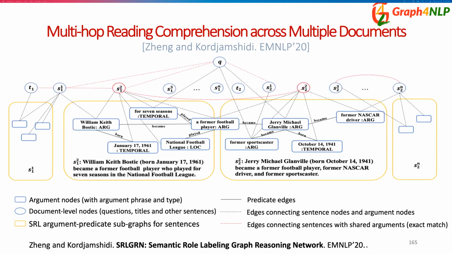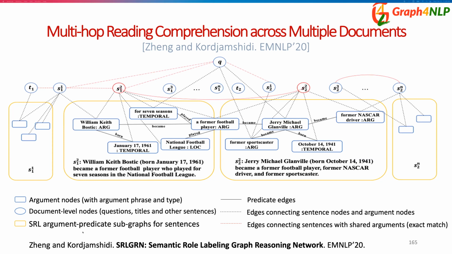Let me show you an example here. You can see this is how a heterogeneous SRL graph is constructed. We can see there's the argument node, right? We also have a document-level node that includes questions, titles, and other sentences. And then we have the SRL arguments.